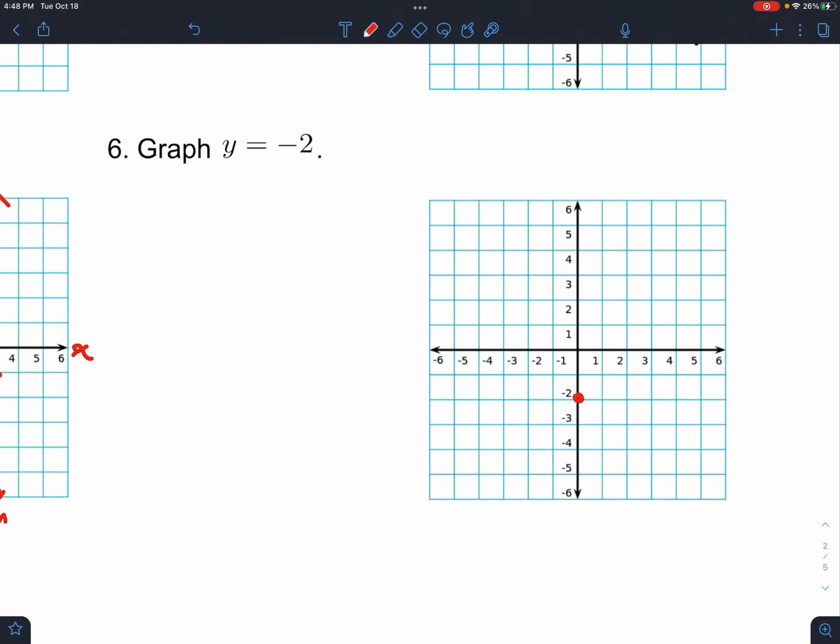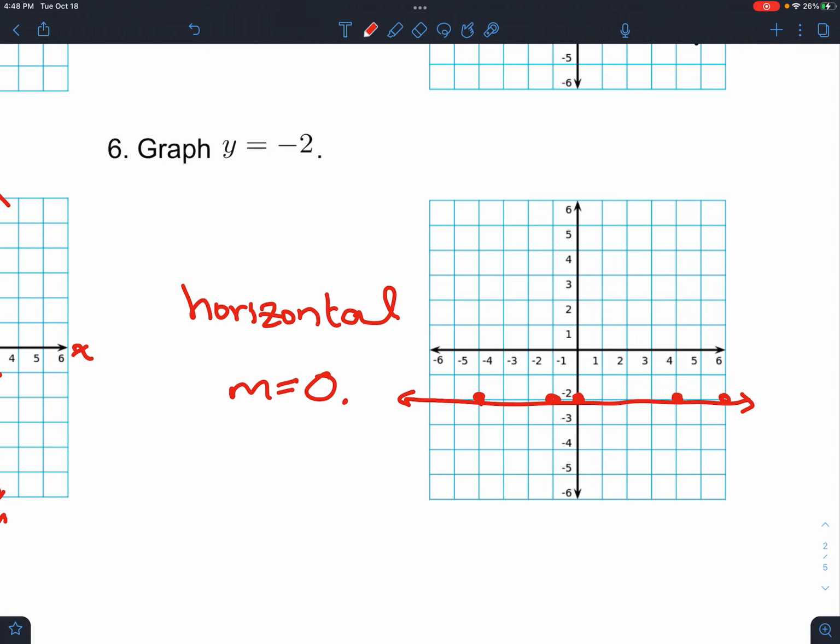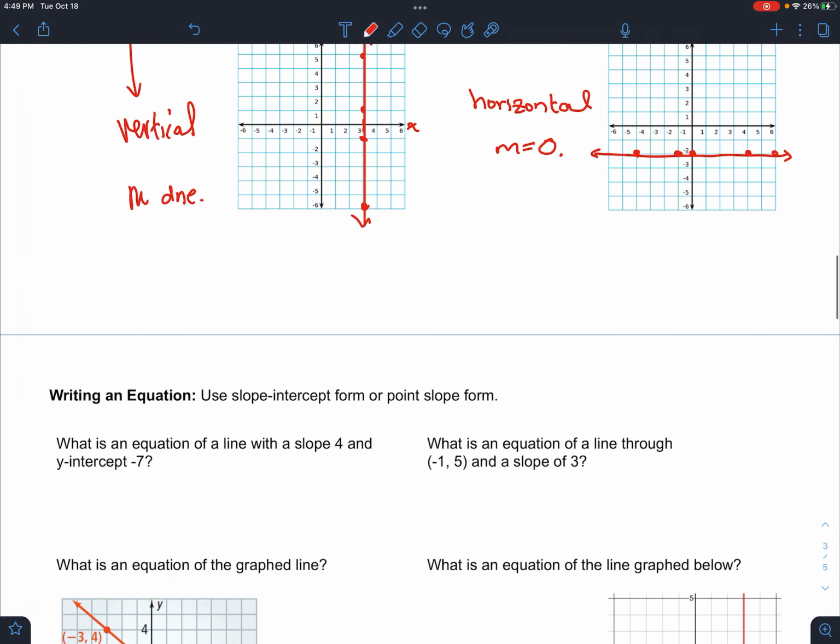And then on the other hand, if you had this equation, you would just have a bunch of points where y is minus 2. And if you connect the dots, it's horizontal. And the slope is 0. Okay? It's a fair slope. Like, that is fine. Like, you can be flat like that.